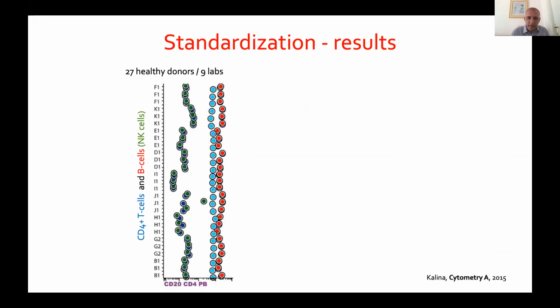The CD20 on B cells is still relatively good, but not as perfect as the T cells. And what is the most difficult to standardize is actually the negative signal here in the NK cells and the CD8 T cells. The difference you see between the different samples is actually caused by improper compensation in the different instruments in different labs.